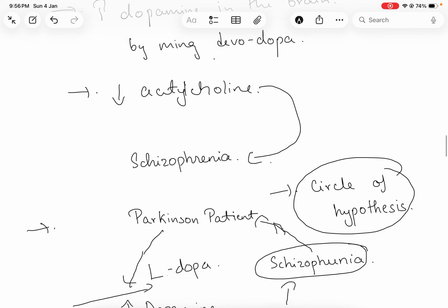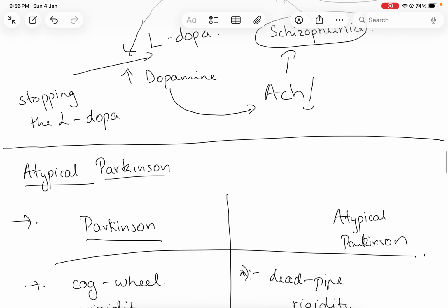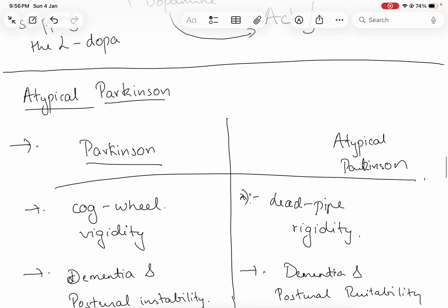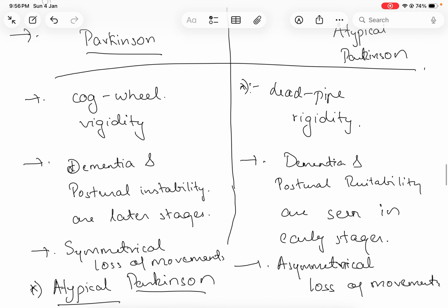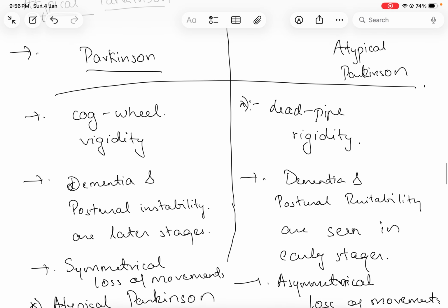Okay. Now coming to another type of Parkinson's, called atypical Parkinsonism. This atypical Parkinsonism is the same type of disorder which we come across in Parkinson's, where the manifestation of the symptoms is similar, but there are some criteria which we use for differentiating Parkinson's disease and atypical Parkinsonism.